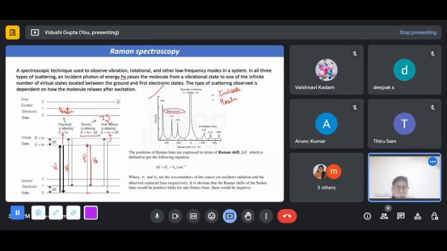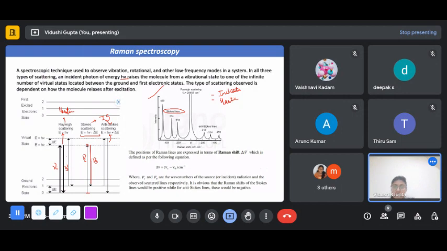Here it's the Raman shift on the x-axis, and on the y-axis it is the intensity. The line that is to the left of the Rayleigh scattering and which has a lower value of the wave number is the Stokes line, and the line that is to the right of the Rayleigh scattering and has a higher value of the wave number is the anti-Stokes line. So you can easily remember Stokes and anti-Stokes lines by that.